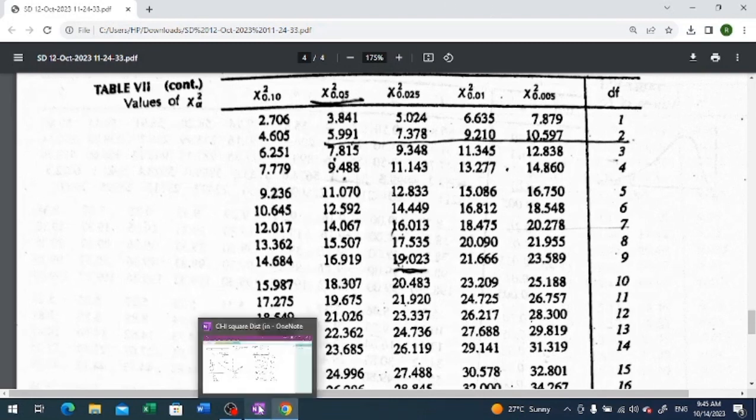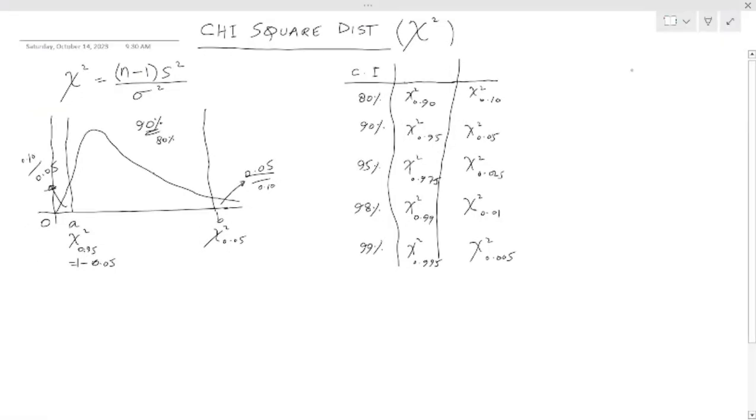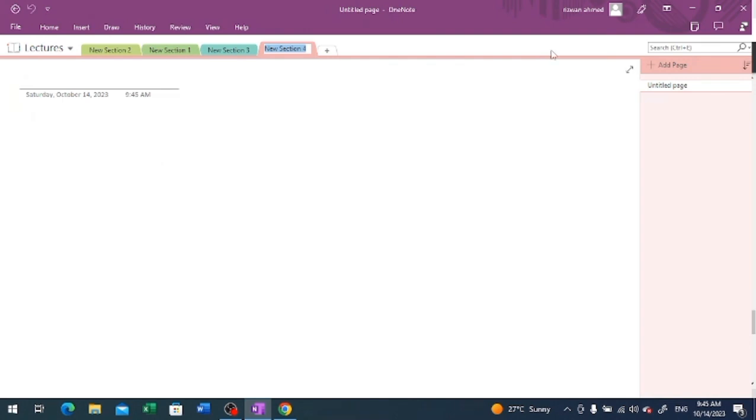Now I'm going to derive the formula for the 1 minus alpha percent CI in the same way as we did earlier. So I'm opening up a new page, and then I'm going to start.